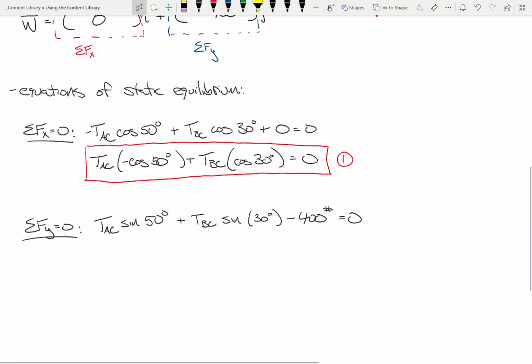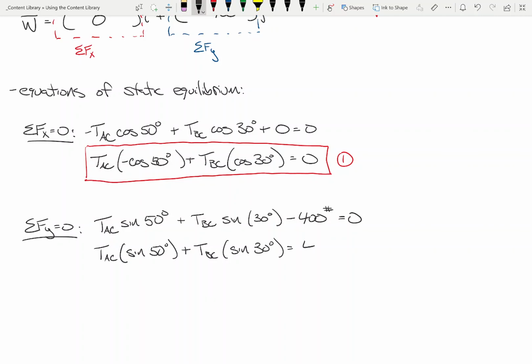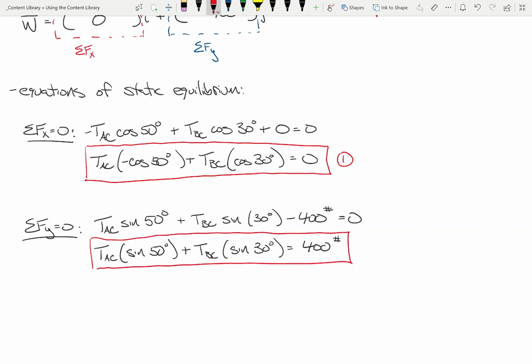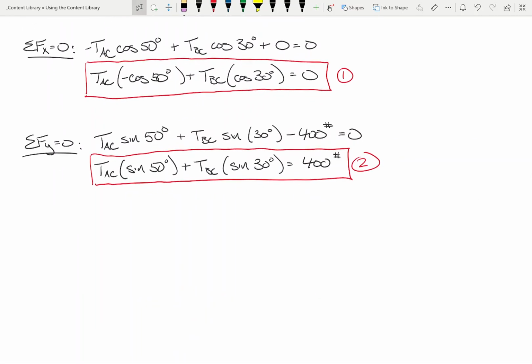Okay? And you'll see why I'm doing this. Again, I am sort of repeating the step, but I'm doing it for a very specific reason.